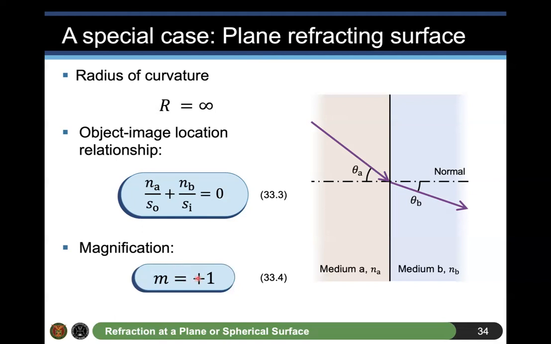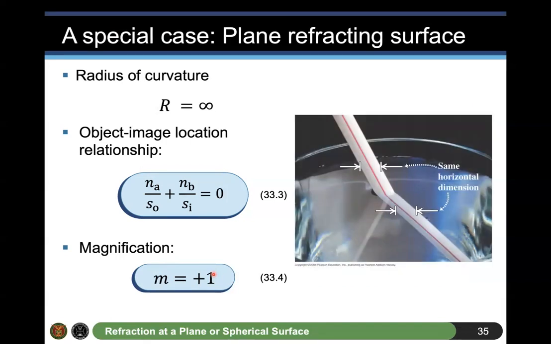The magnification is always the same, so the size, height, and horizontal dimension of the straw do not change.